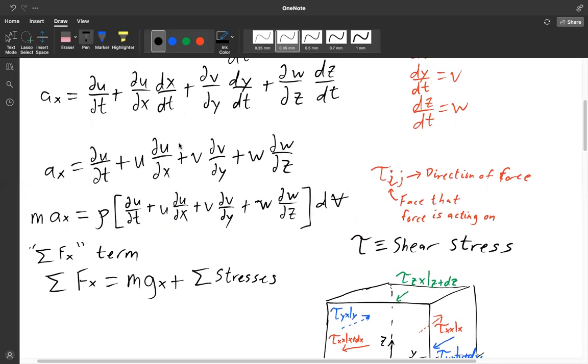Yes, I did make the mistake up here as well. So I want to emphasize that these terms are in fact u.